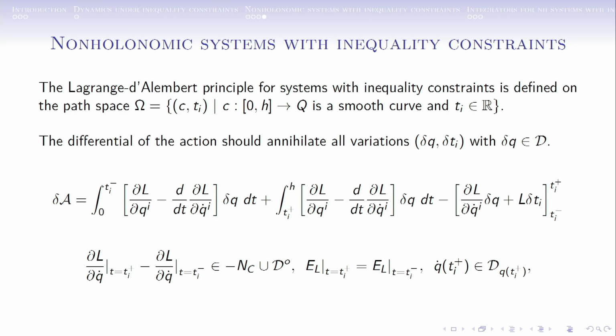The second one gives you energy conservation. So again, this is an elastic impact. Not all impacts satisfy these equations. And the momentum equation tells you that the difference in momentum is either on the normal space or in the annihilator of the distribution.